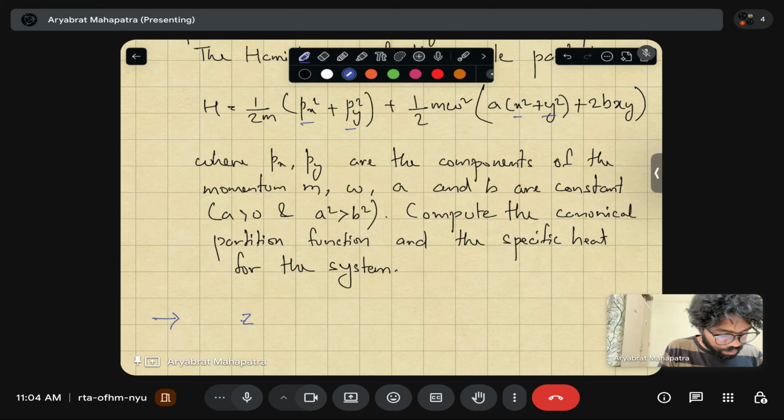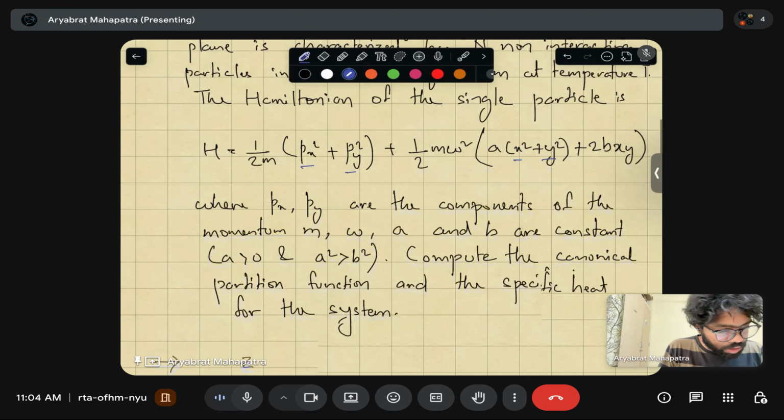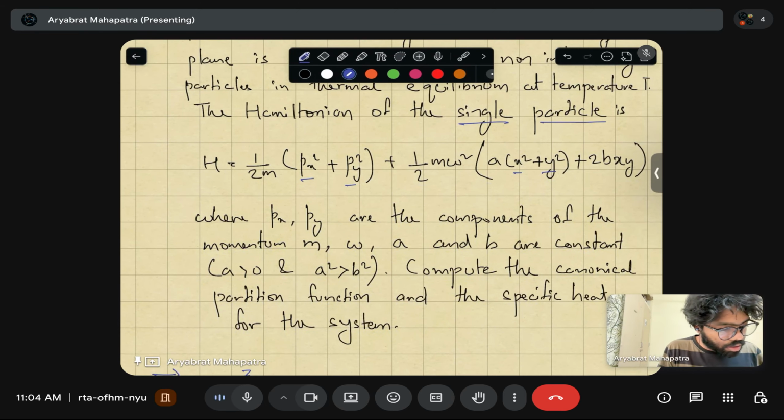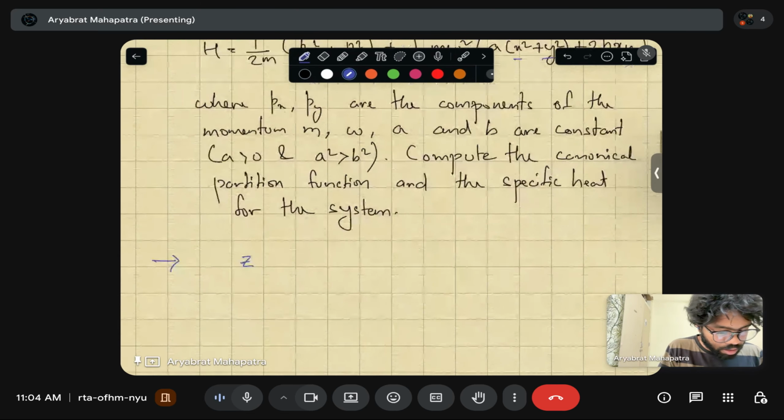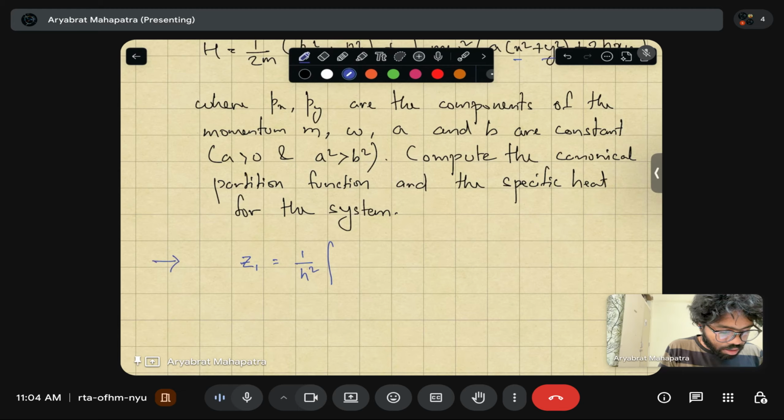So this is your single particle partition function, where 1 over h square is your normalizing factor.